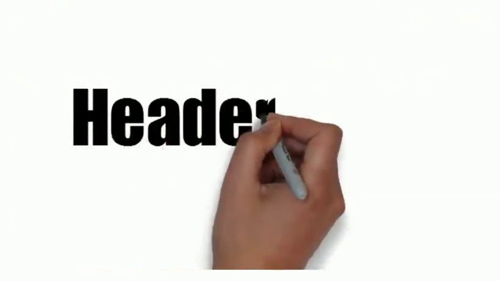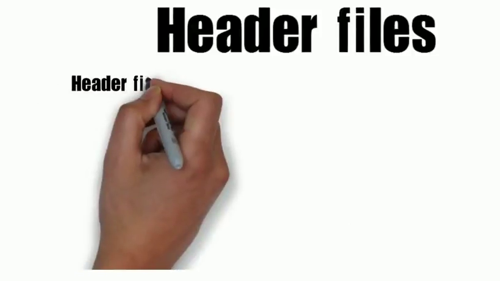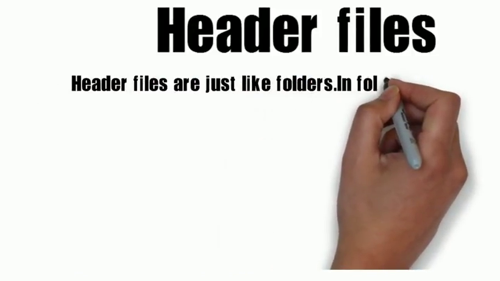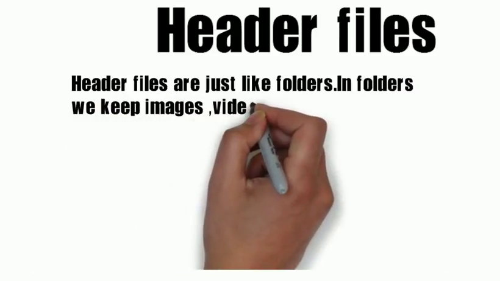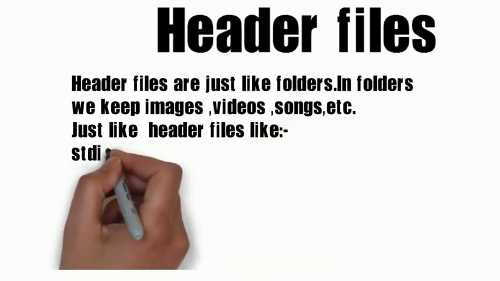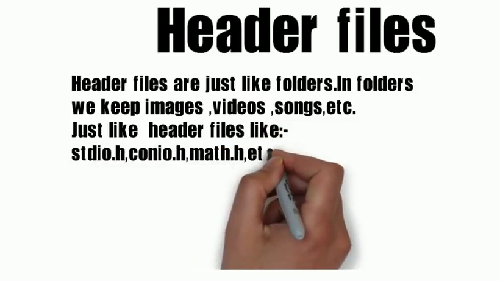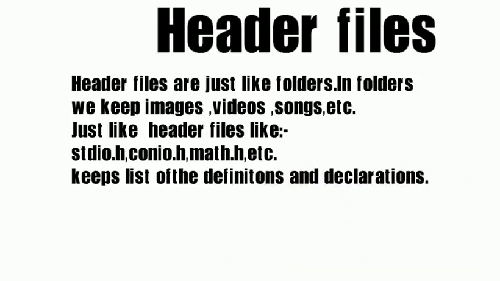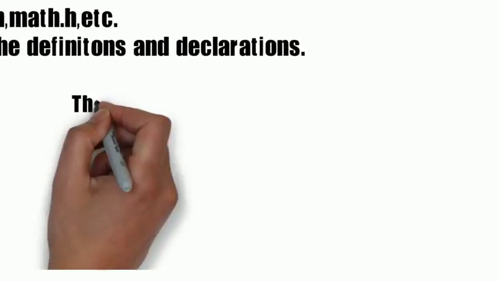Now comes header files. What are header files? Header files are just like folders. In folders we keep images, videos, songs, etc. Just like that, header files like stdio.h, conio.h, math.h, etc. keep a list of definitions and declarations.